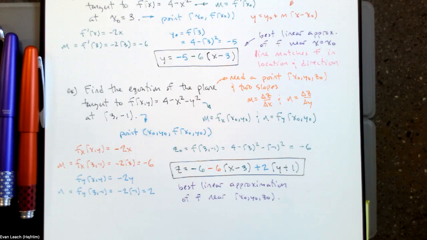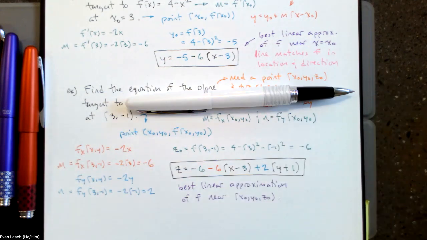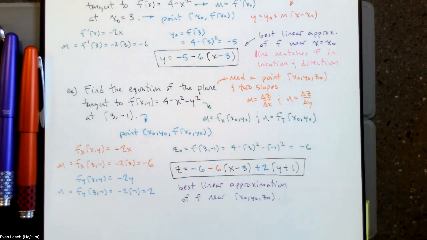But if we take that part of the description out, we can look at the numbers and figure out how z is changing with respect to x and how z is changing with respect to y, and use that to construct at least a linear approximation of what's going on near this point. Any questions?